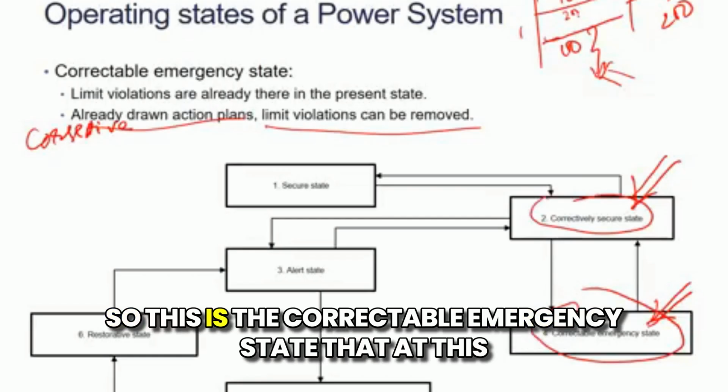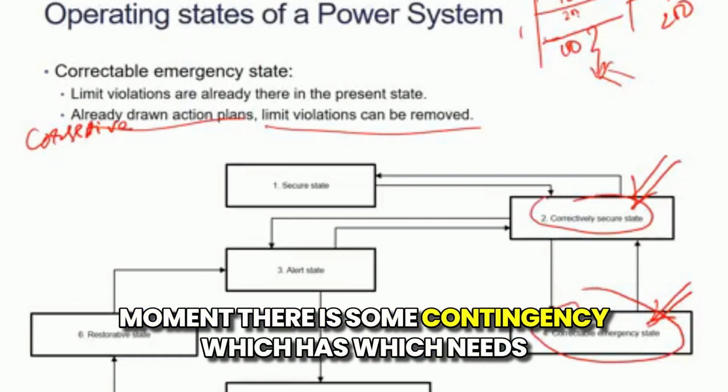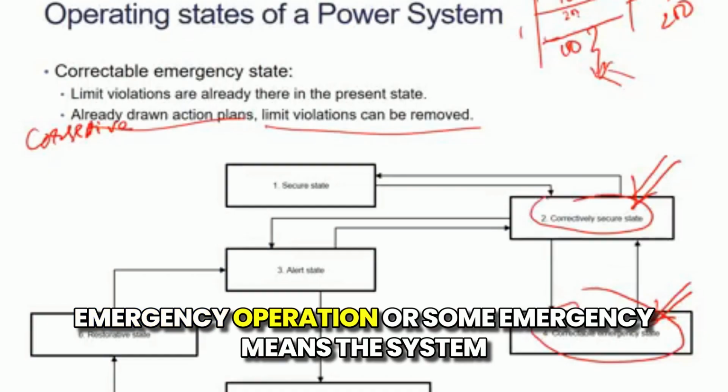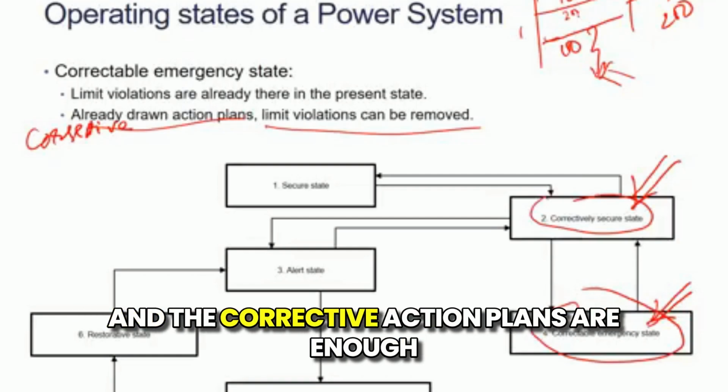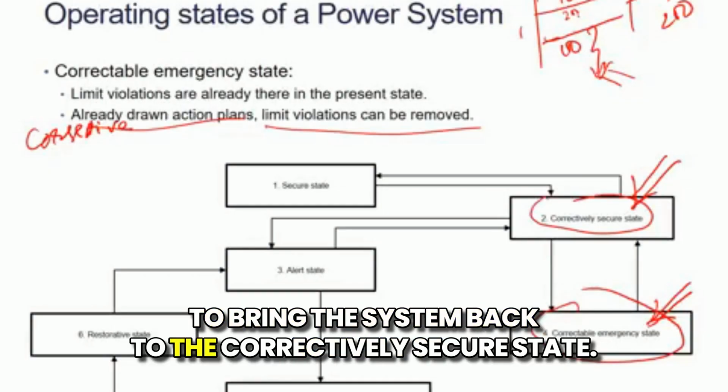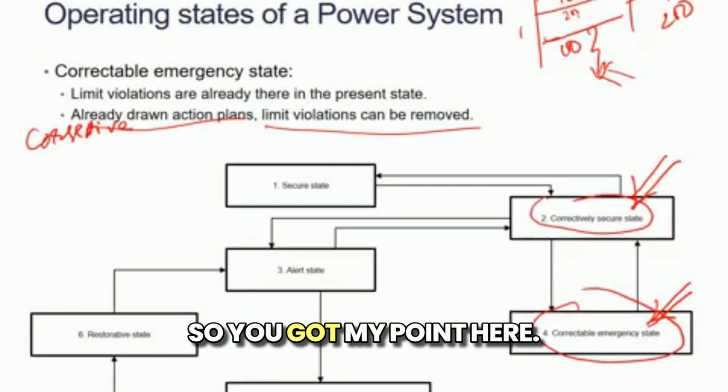Right. So this is the correctable emergency state: there is a contingency which needs emergency operation, the system operator has to be ready for emergency action, and the corrective action plans are enough to bring the system back to the correctively secure state. So you got my point.